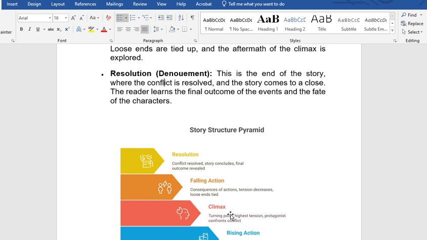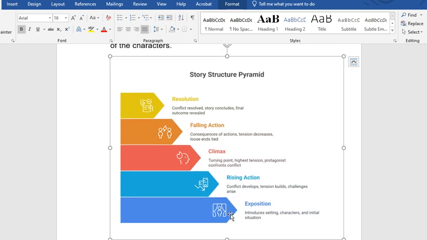Now let's look at the infographic representation of what we just explained. So it starts from exposition, where we have introducing setting, characters, and initial situation.